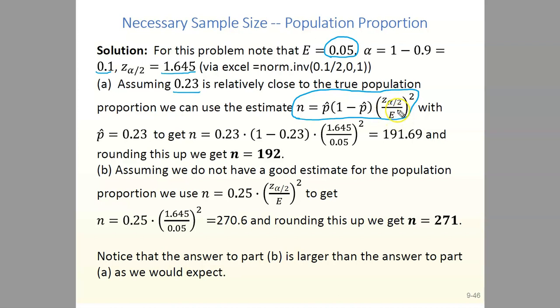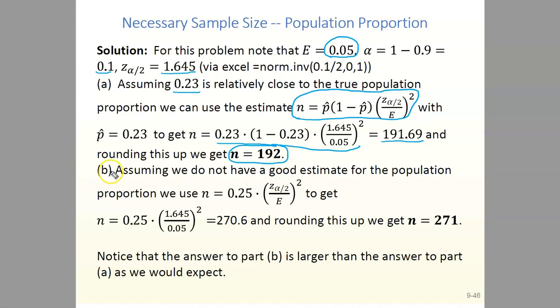The E is 0.05. And this is what we get right here. Evaluating this on your calculator, you'll get 191.69. And we would round that up to 192. So that's the necessary sample size that the researcher would need, 192 or more.